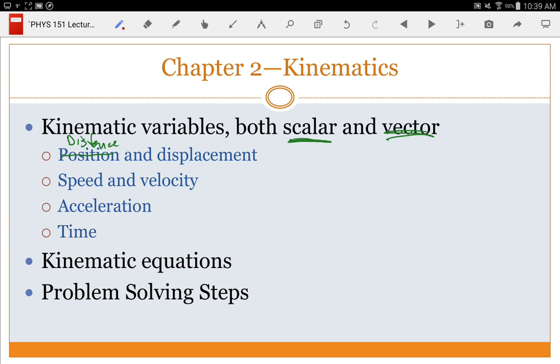The kinematic equations, you don't have to have them memorized, right? You're going to have the equations provided to you, but you have to be able to use them. You have to be able to determine when you're going to use one, how to choose them. That's part of the problem-solving steps.